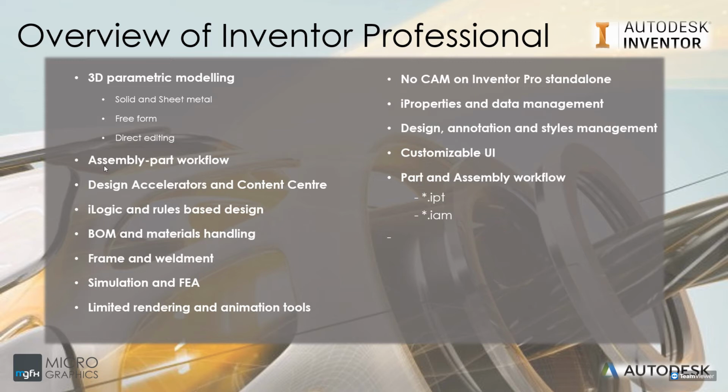Okay, so on the Inventor Professional Standalone, important to note that there is no CAM if you just buy Inventor Pro alone. Whereas Fusion 360 out of the box comes with CAM tools. It's actually a full CAM solution on Fusion. Another thing to consider is that in Inventor, we have iProperties and data management.